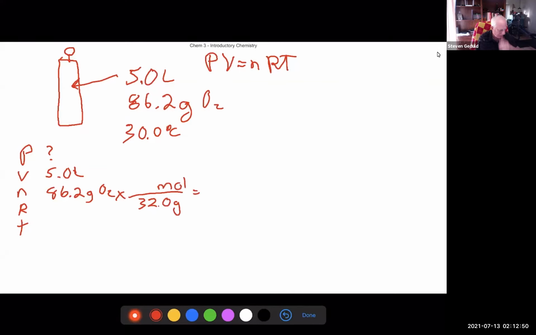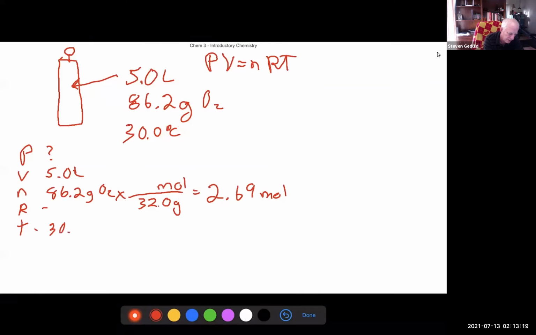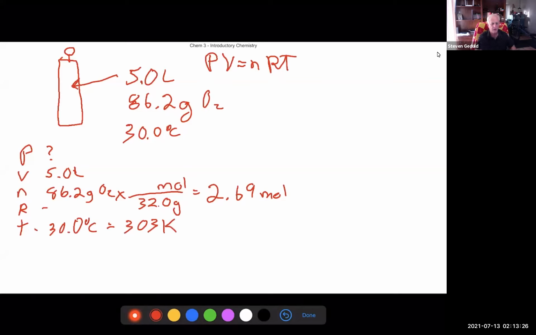So 86.2 divided by 32 equals 2.69 moles of oxygen. Now we got moles. And R we know is 0.08206, and temperature is 30 degrees centigrade, which is equal to 303 Kelvin. We've got all our numbers.